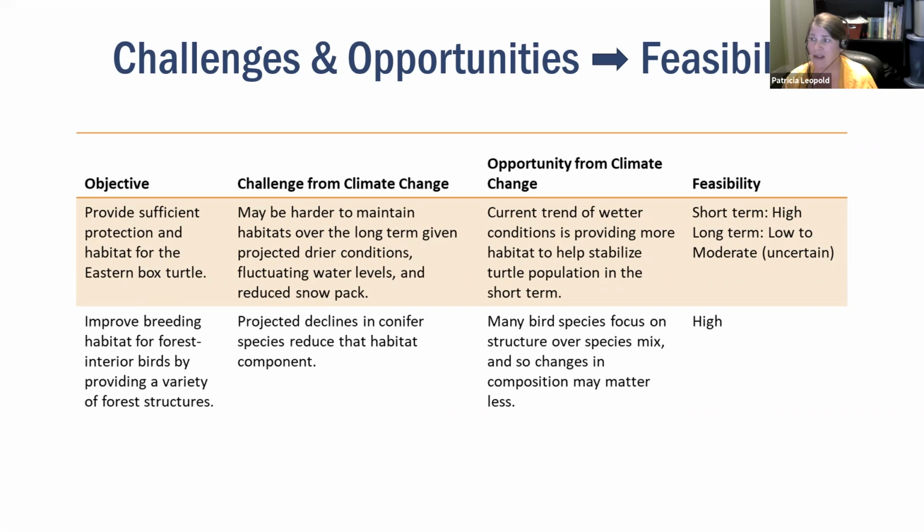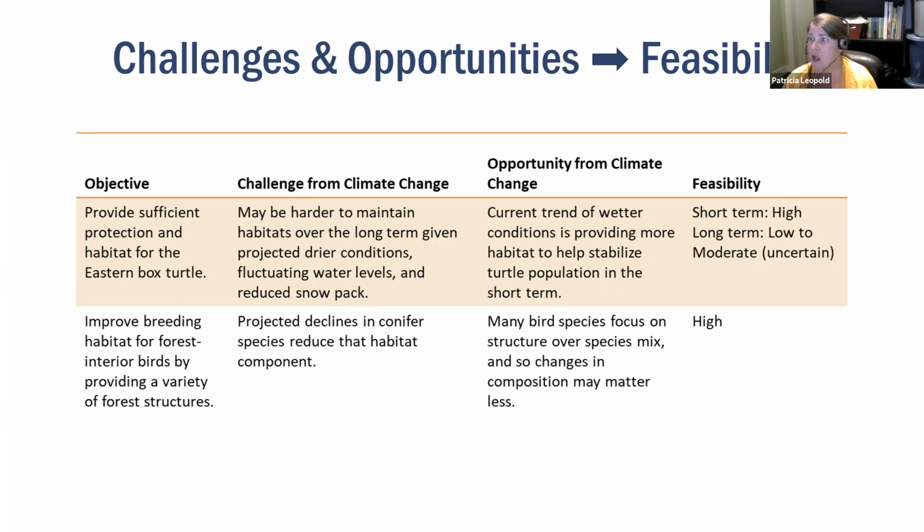And that's because there's so much uncertainty about how much conditions will change. Another example focuses on the objective to improve forest bird habitat and the challenges associated with losing a whole functional group of tree species, the conifers.